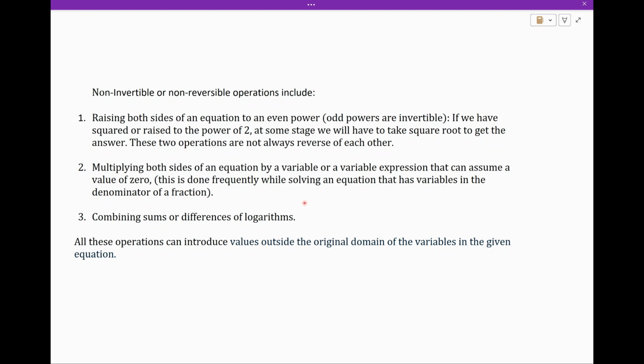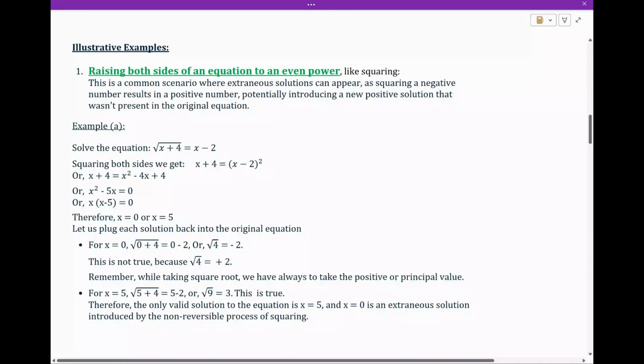The third type is combining sums or differences of logarithms. All these operations can introduce values outside the original domain of the variables in the given equation. We will now discuss certain illustrative examples.